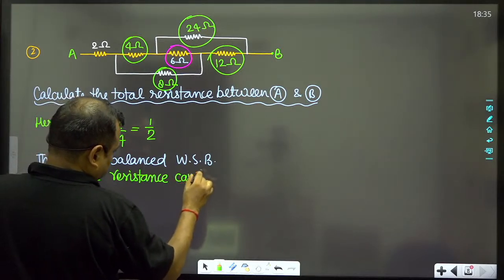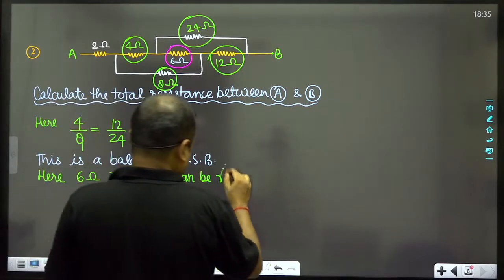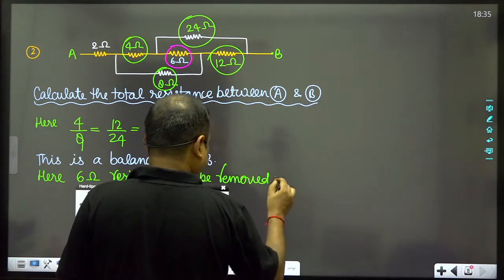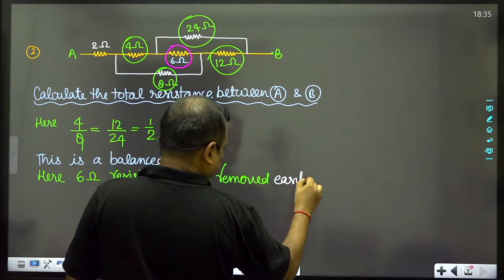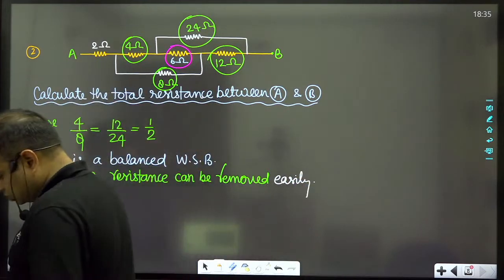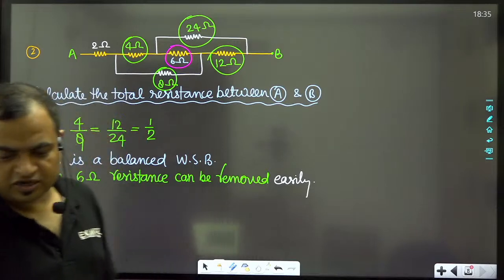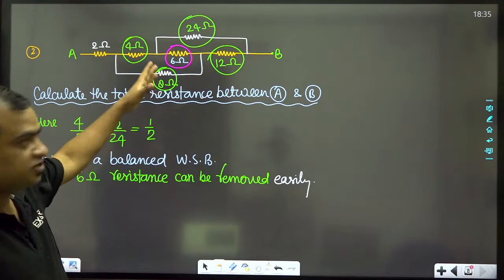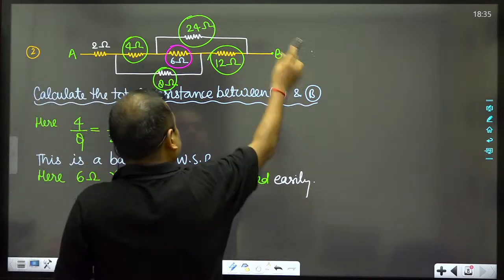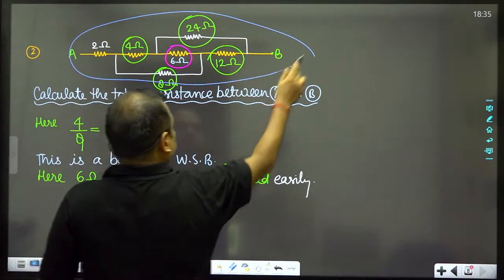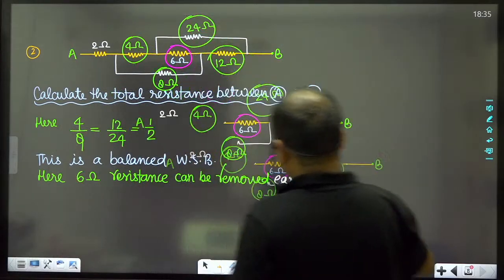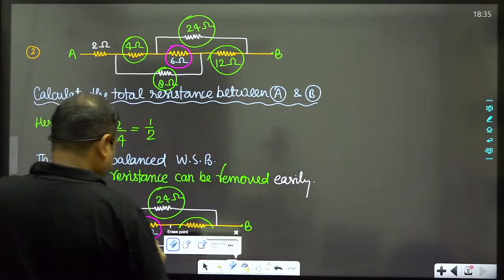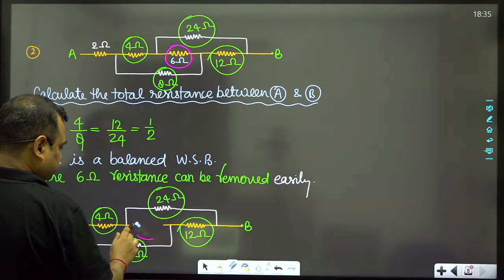Hence this question will become like this. This 6 ohm resistance can be deleted like this.